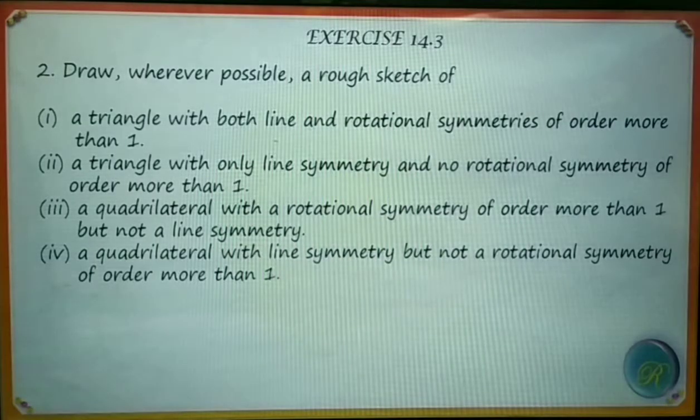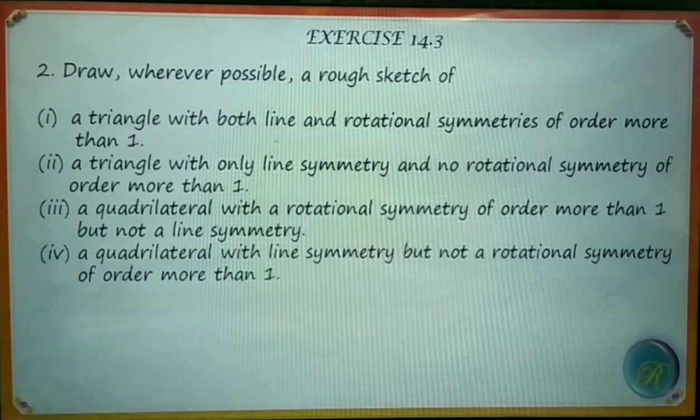Question number 2. Draw wherever possible a rough sketch of: First, a triangle with both line and rotational symmetries of order more than 1. Second, a triangle with only line of symmetry and no rotational symmetry of order more than 1.